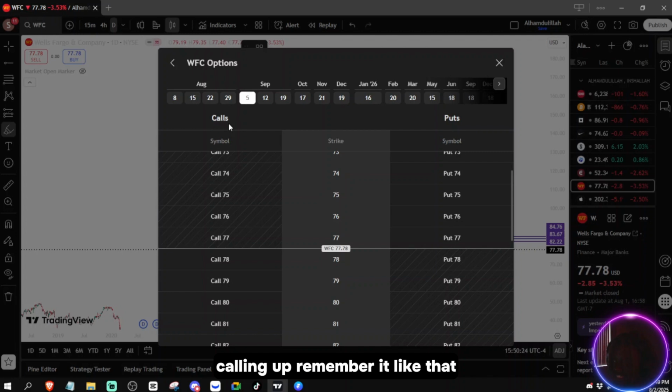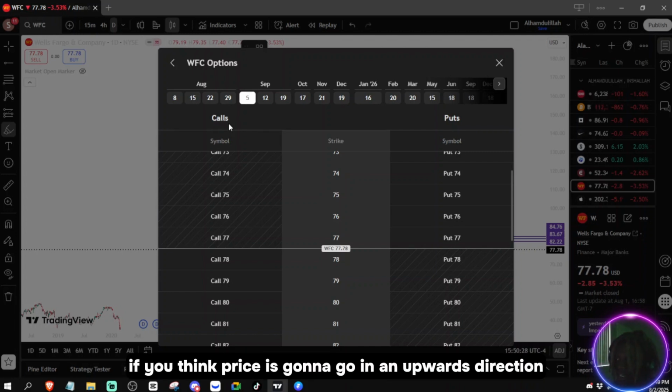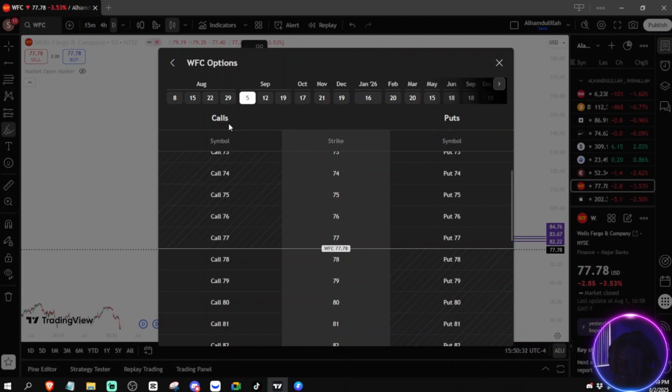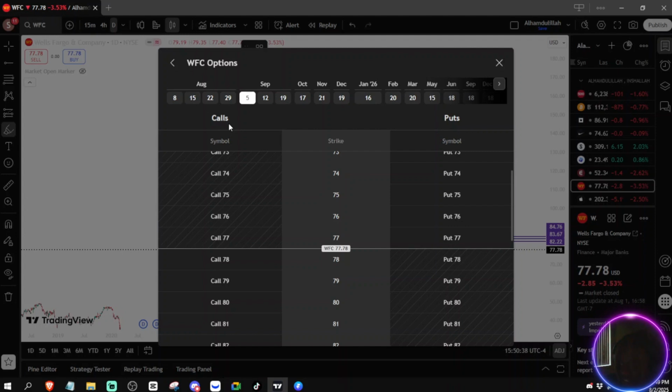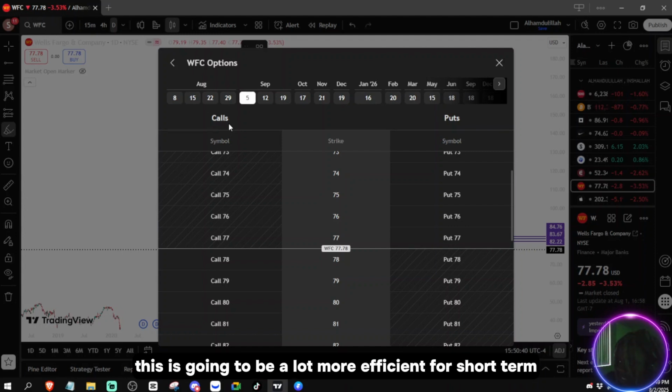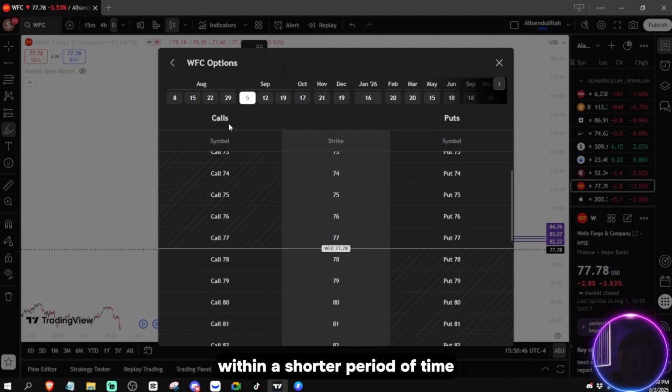Remember it like that. So if you think price is going to go in an upwards direction, you would purchase a calls contract. If you didn't want to just buy the share to hold, you could buy a calls contract. This is going to be a lot more efficient for short-term holding and making profit significantly faster within a shorter period of time.